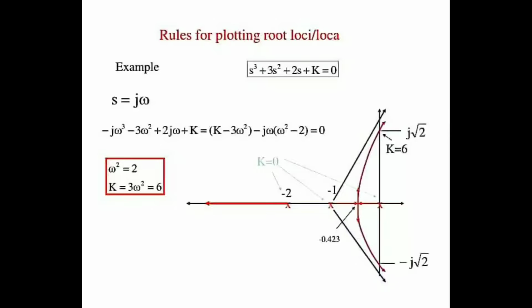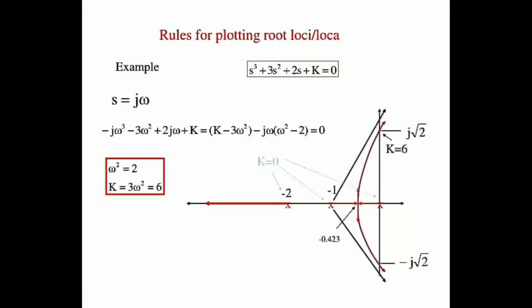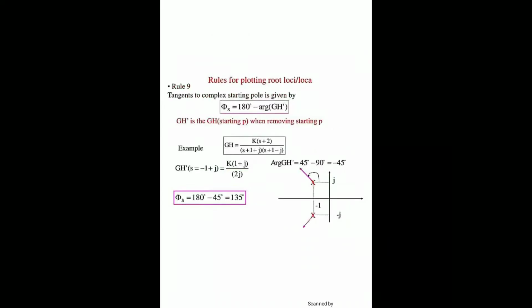So while we find the roots, we get the roots as plus j root 2 and minus j root 2. So these are the two intersection points of the root locus with the imaginary axis.